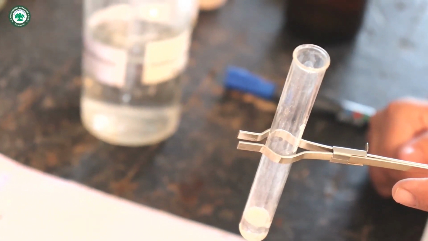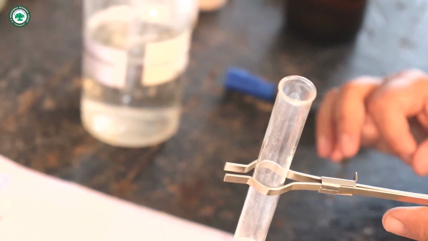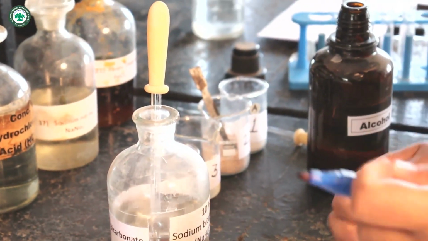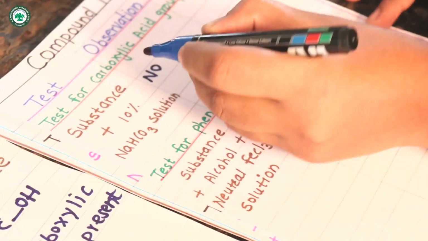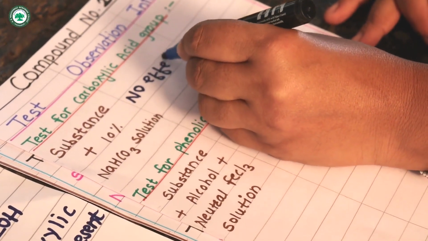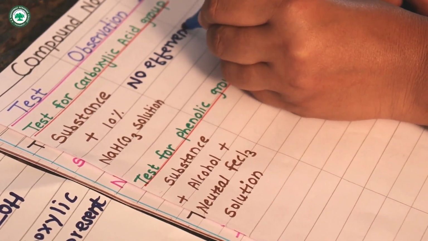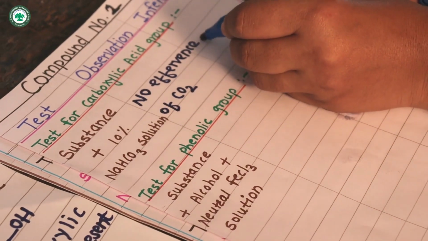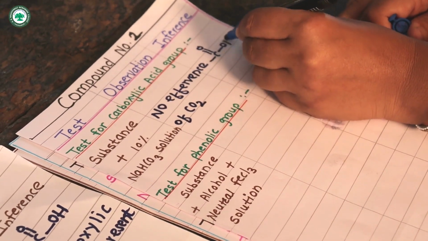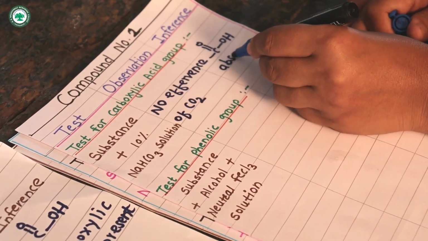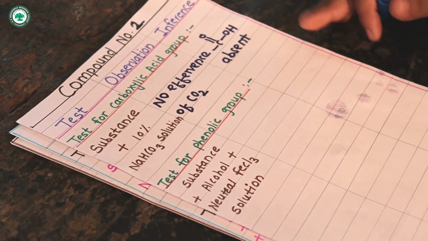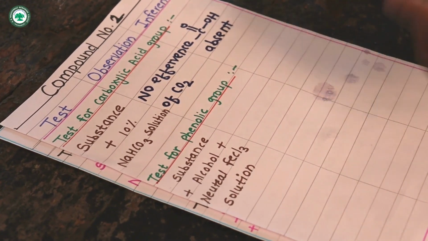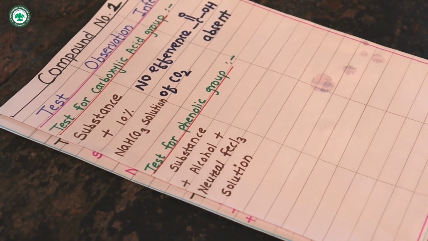Therefore, for compound second, the carboxylic acid group is absent. Then, take the next test for phenol.